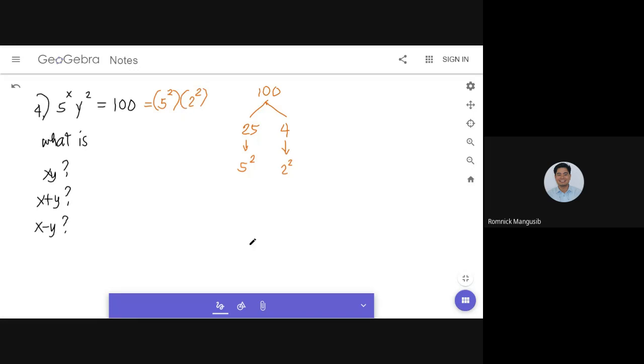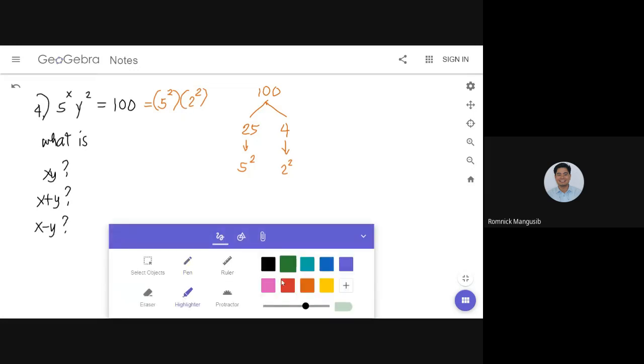Ang sabi ng 5^x, kapag meron kang base 5, dapat pareho din tayo ng exponent. Sabi naman ni y^2, if we have the same exponent 2, dapat pareho din ang ating base.